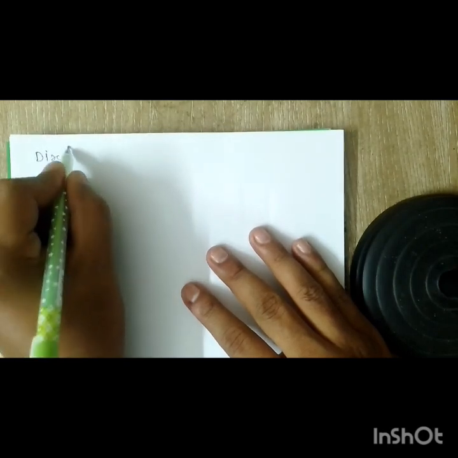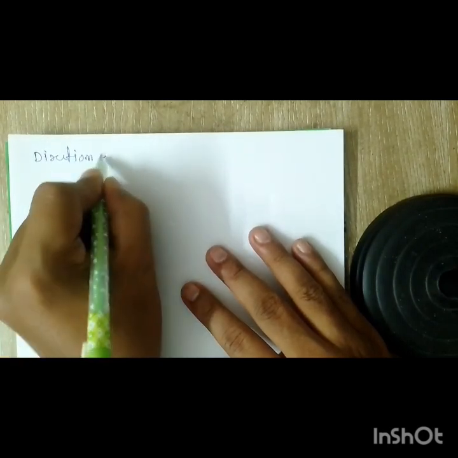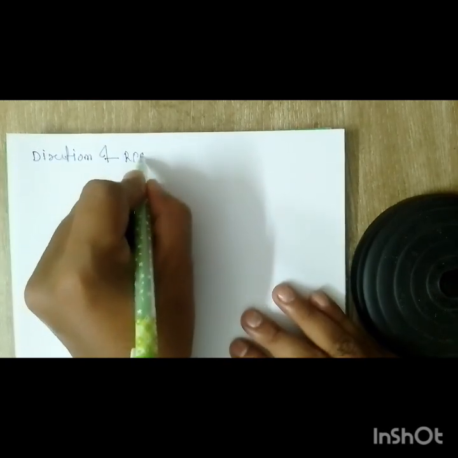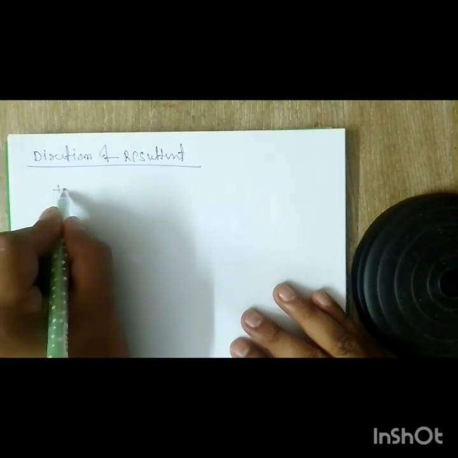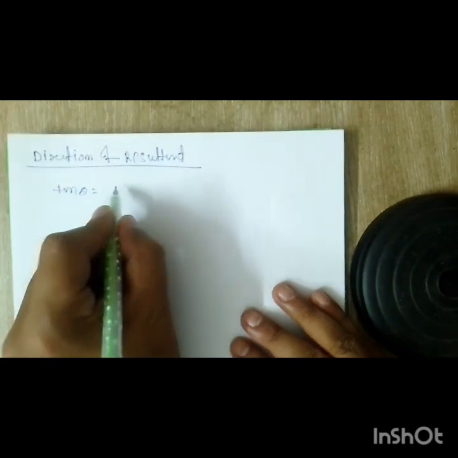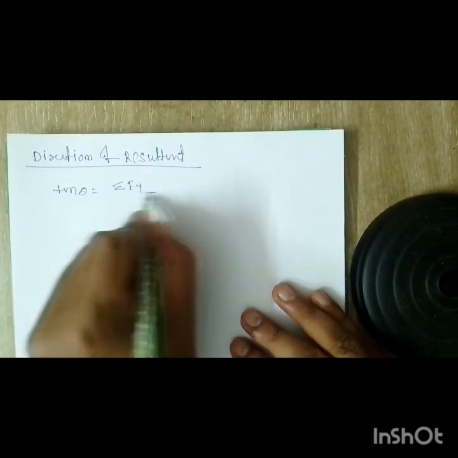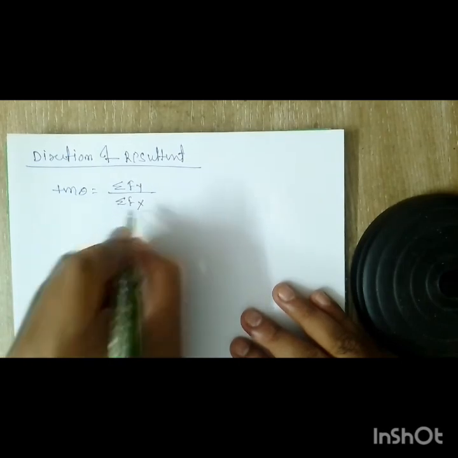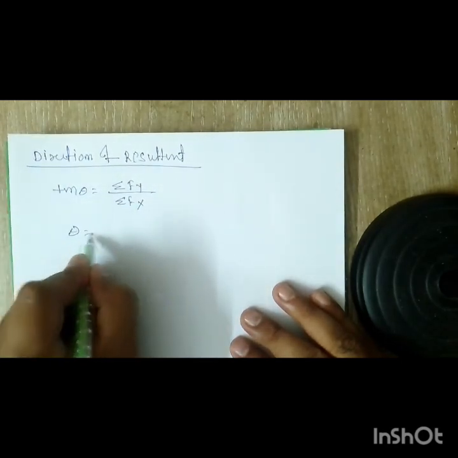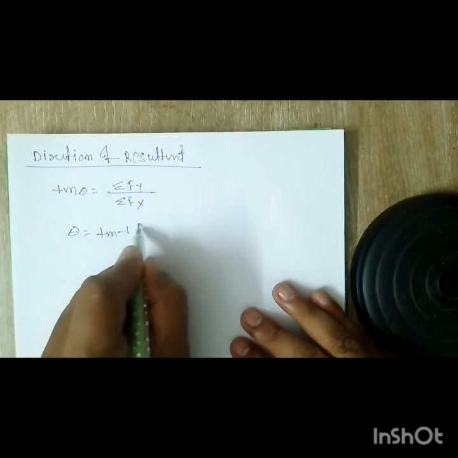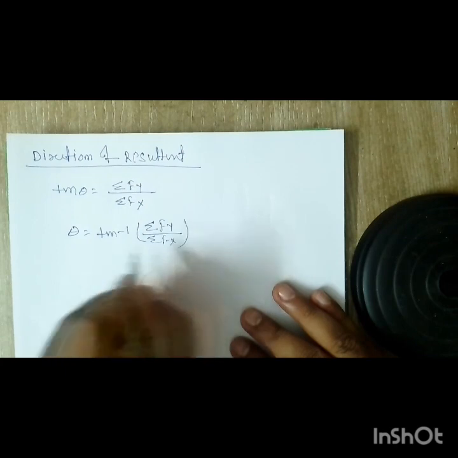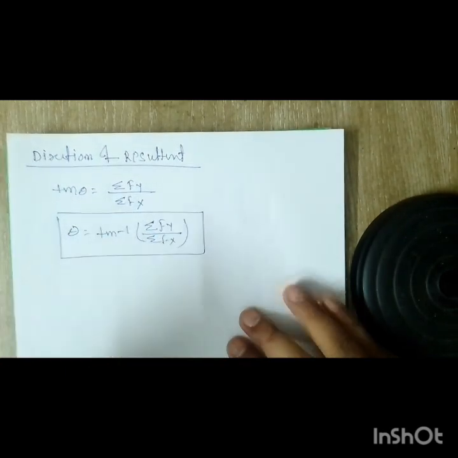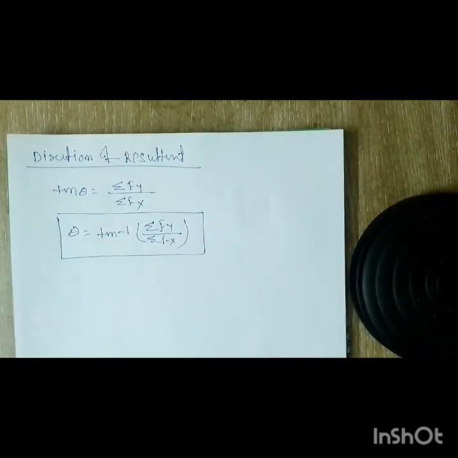How do you find that? Tan theta is equal to summation of fy by summation of fx, or theta is equal to tan inverse of summation of fy by summation of fx.